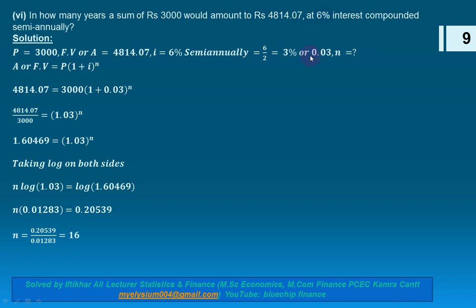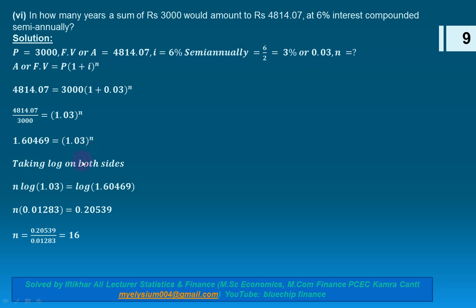So interest rate is 3% for one semi-annual period, and we just put the data into the formula of future value of compound interest, that is future value or amount or sum is equals to P multiplied by 1 plus I raised to power N, and it will become 1.60469 equals to 1.03 raised to power N.